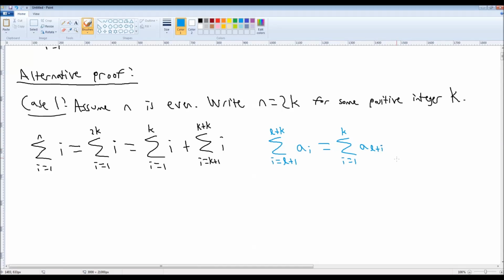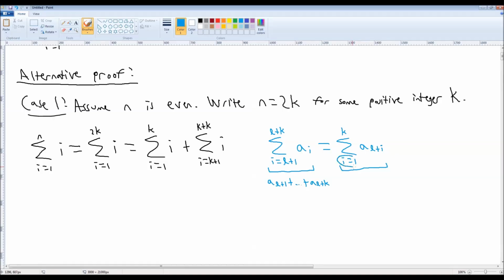So this is a fundamental law of sigma notation. And why is it true? Well, what is this sum? We are adding the elements from a of L plus 1 to our last, which is a of L plus k. Now what about the sum on the right?